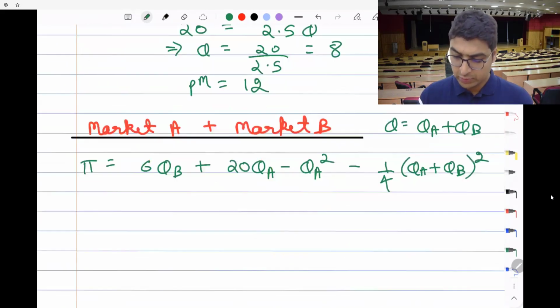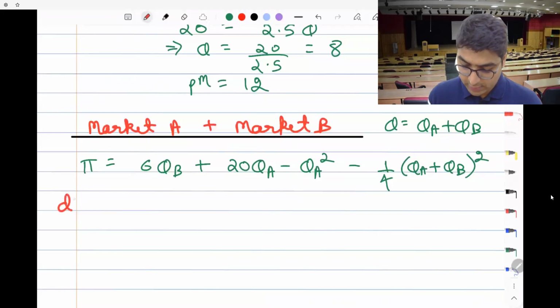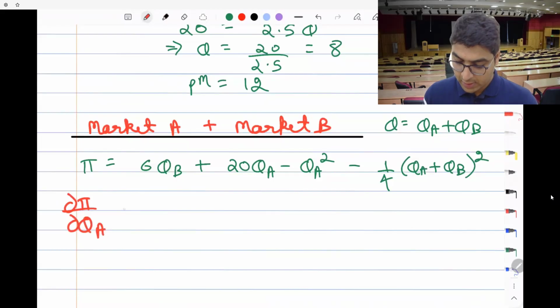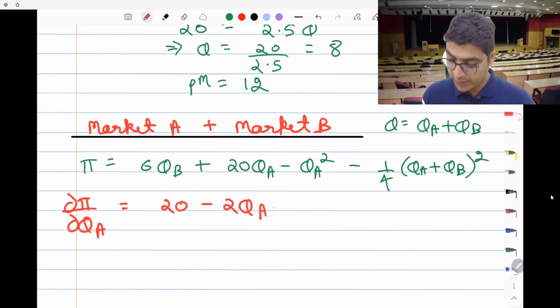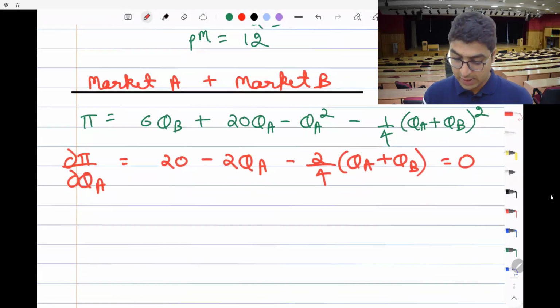Okay. So let's solve this. Del pi by del QA will be equal to 20 minus 2QA minus 2 by 4 (QA plus QB). We'll be equating this to 0.